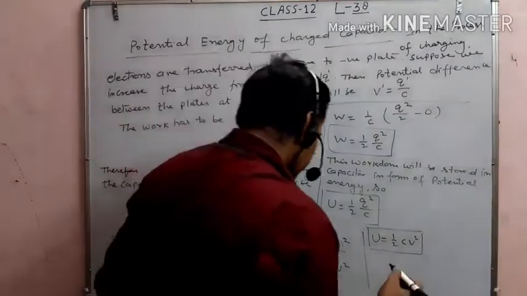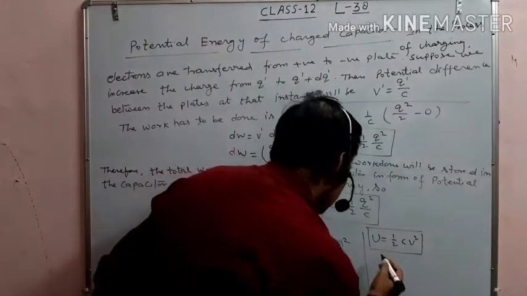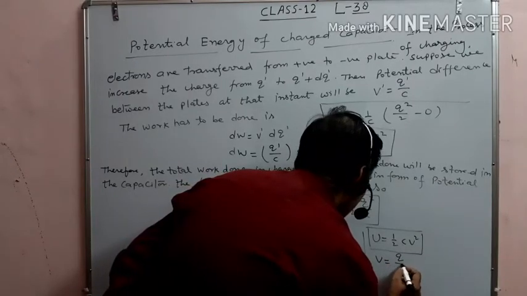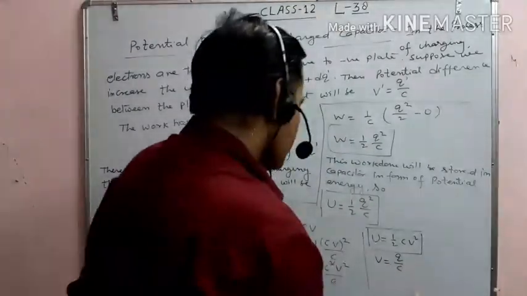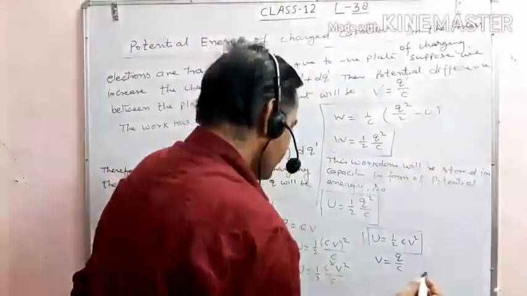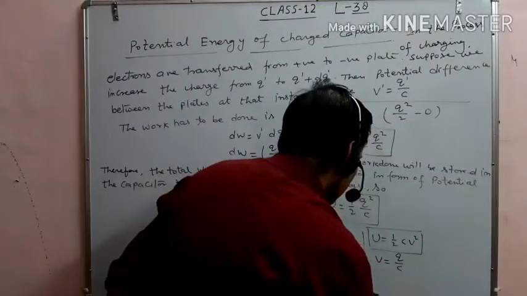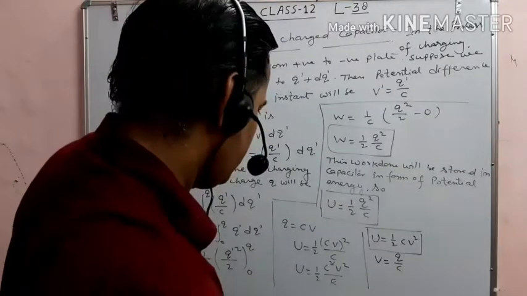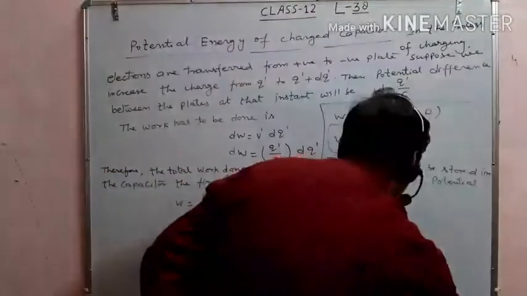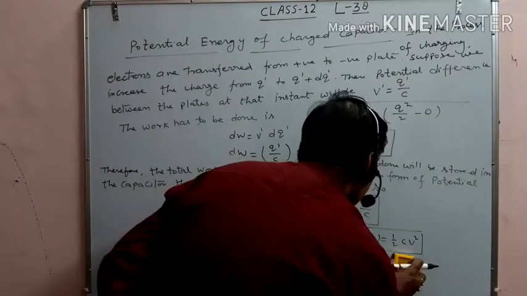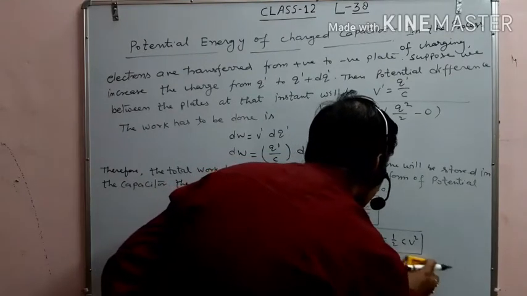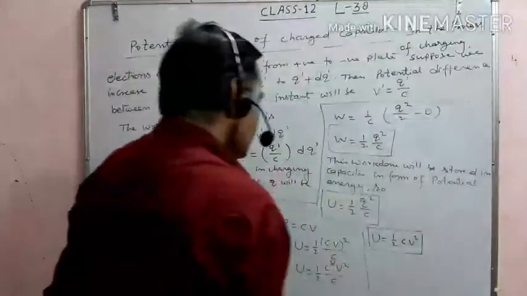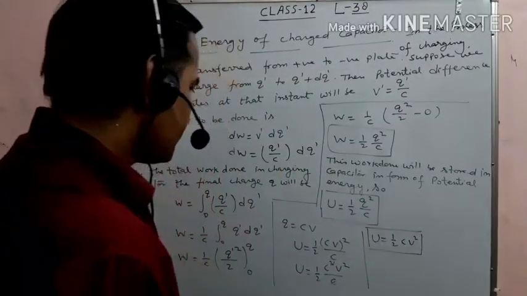And now you can also put V is equal to Q upon C in the first and second ones. So now the relations are half C V square and Q square upon C. Two shapes are here.